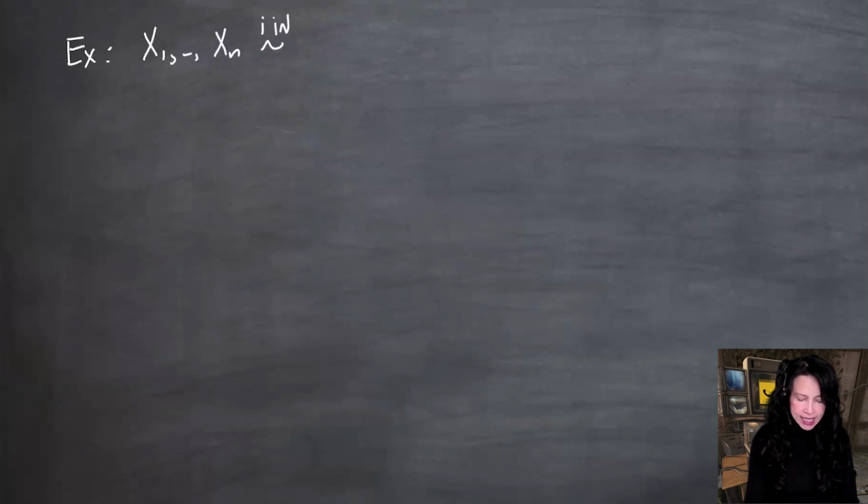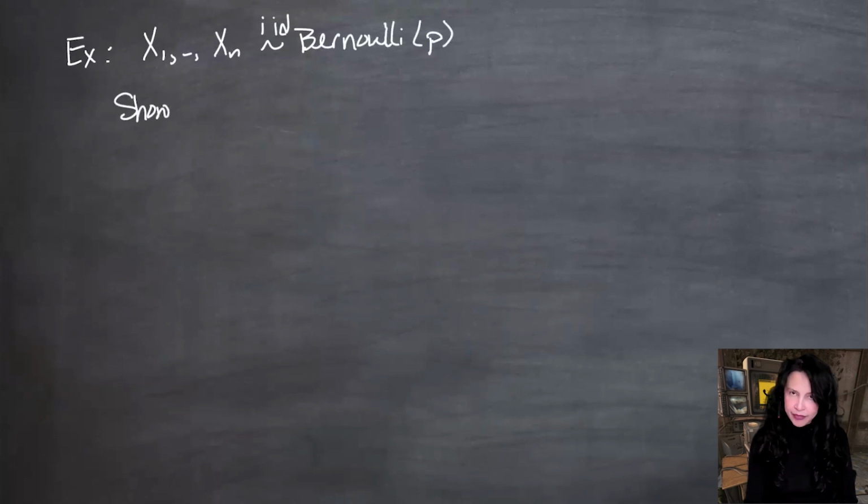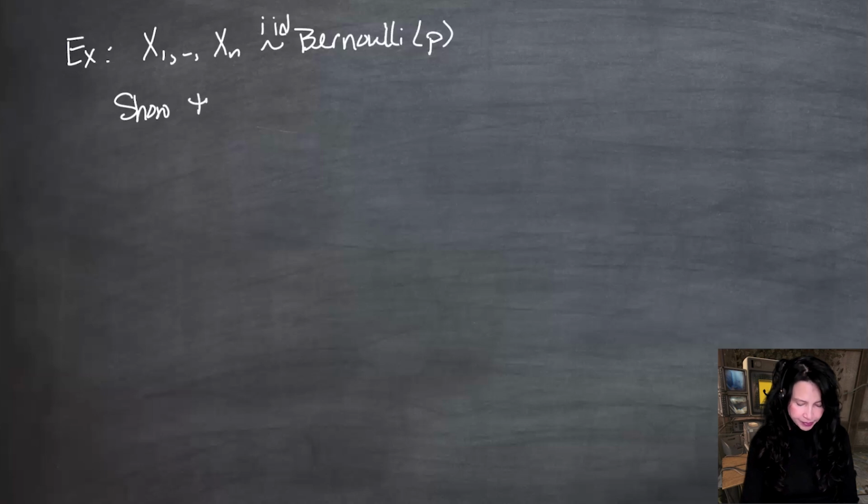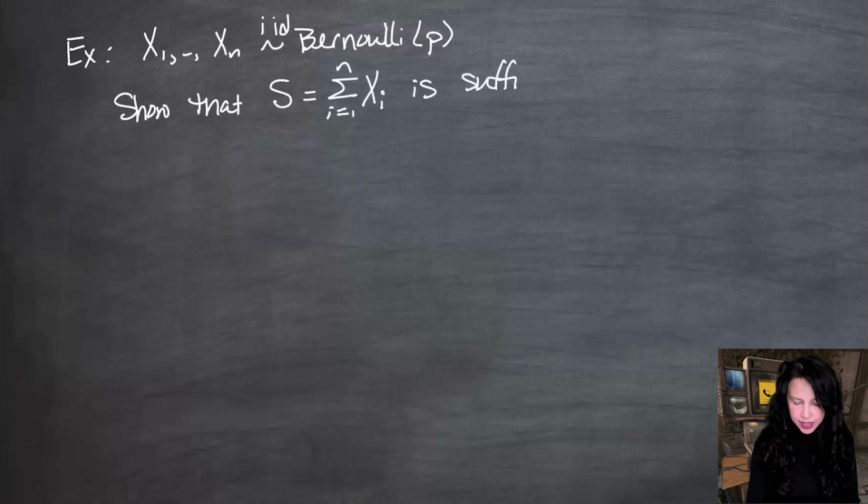So here is an example. I have x1 through xn, IID Bernoulli with some parameter p. Let's show using this definition, because we're going to have quicker ways to do this, that S defined to be the sum as i goes from 1 to n of the xi is sufficient.